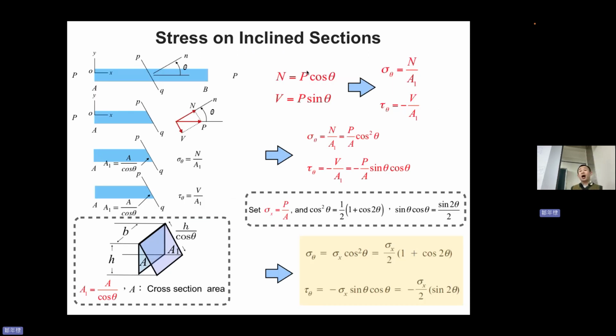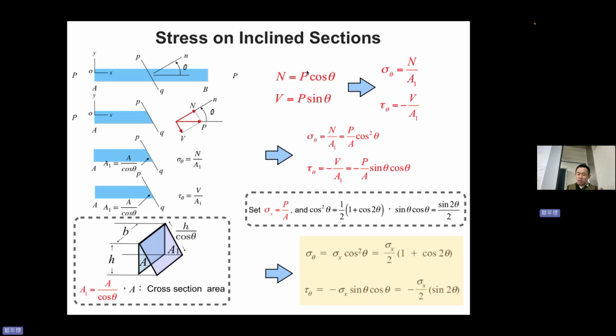So what is the other direction? We can have stress on an inclined section. Although we talk about the section as oblique or inclined, 斜的, with the angle theta, this theta can vary from 0 to 360.